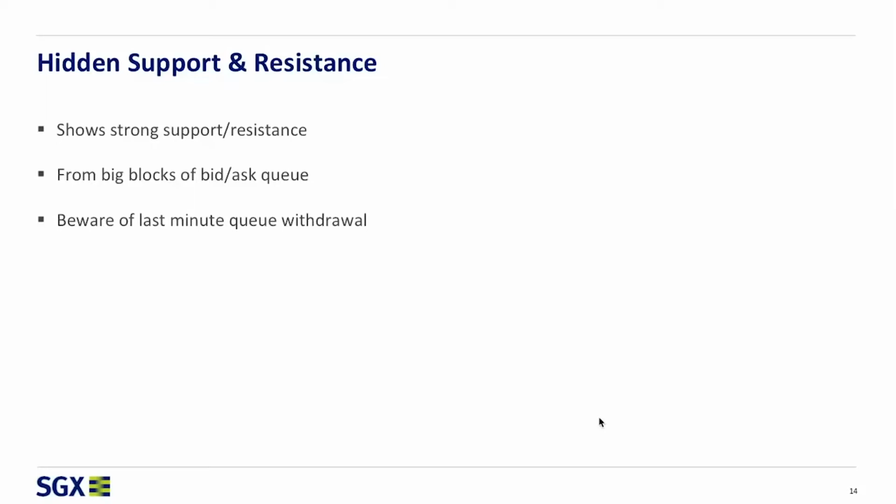When you have market depth information, it gives you one key piece of information, and that is to show you where the very strong support or resistance levels are. Sometimes when we look at a chart and draw a line, you're not sure whether that line is correct, so you call your friends and they say, hey, I'm also not sure.